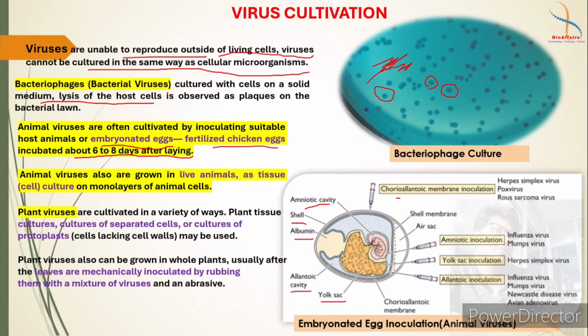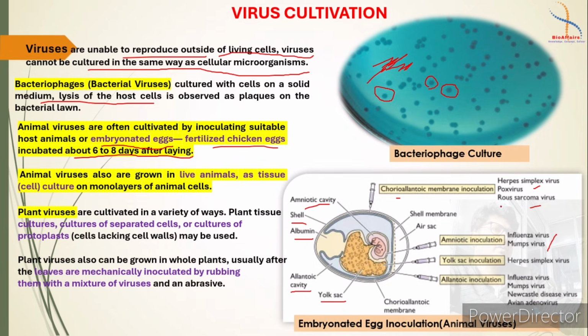Herpes simplex virus, pox virus and Rous sarcoma virus can be inoculated in the chorioallantoic membrane. There they prefer to grow, and you will get the virus in propagated form. Amniotic inoculation is required for influenza virus and mumps virus. Herpes simplex virus can be inoculated both in the yolk sac as well as the chorioallantoic membrane.